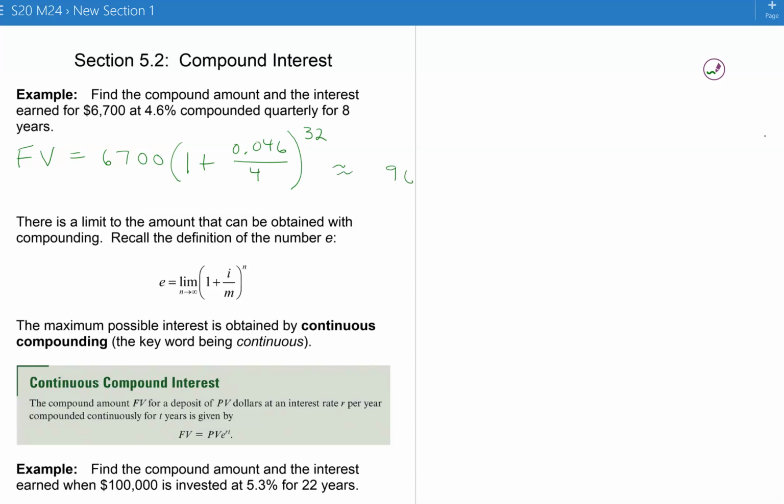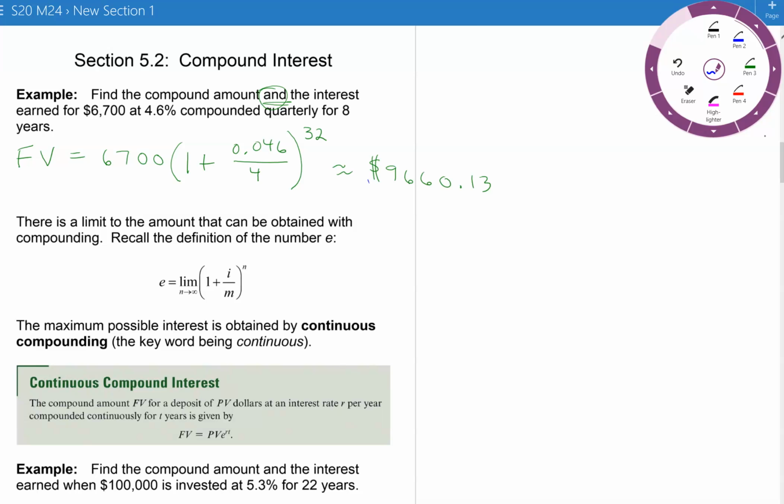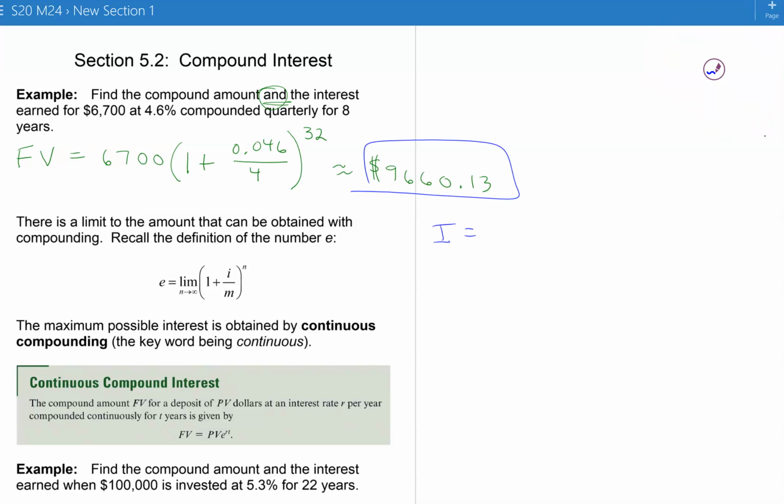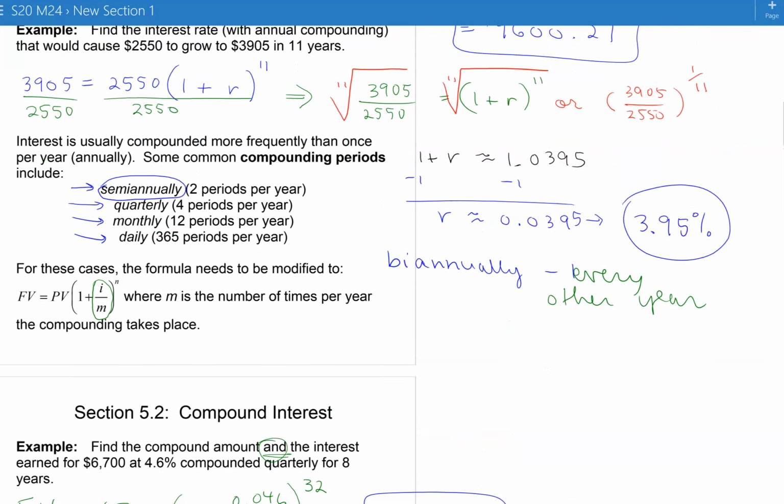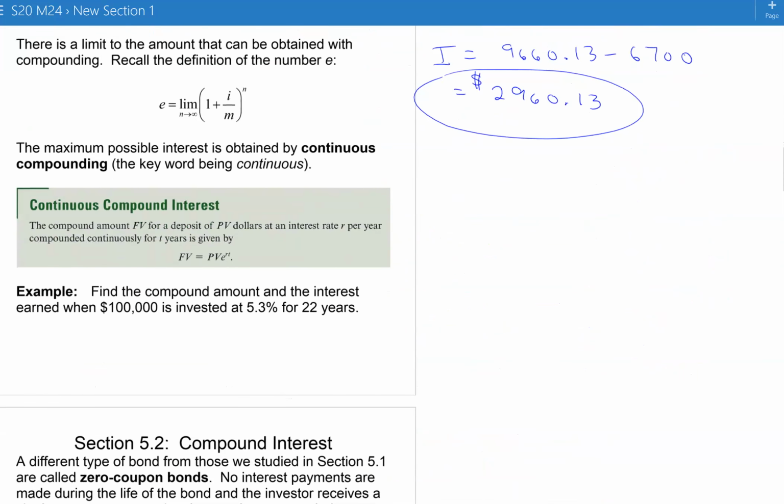And you'll end up with $9,660.13. And then we're also asked to find the interest. So the interest will be the $9,660.13 minus the $6,700 we started with, or $2,960.13. And I'm thinking I forgot to, oh no, I did it in that previous one.